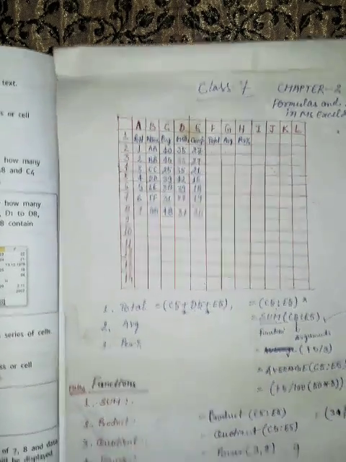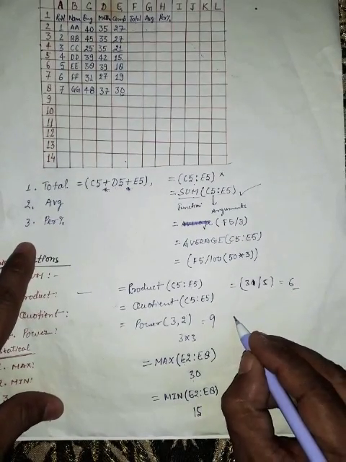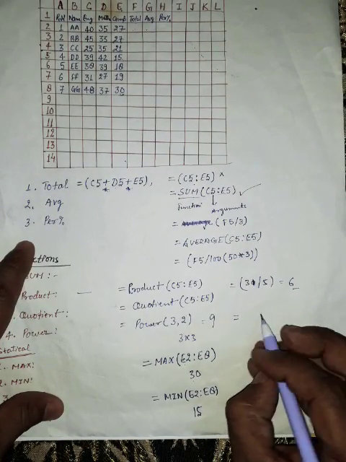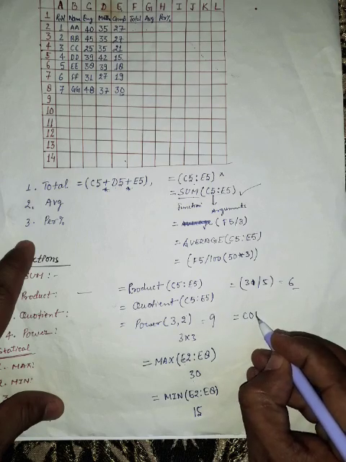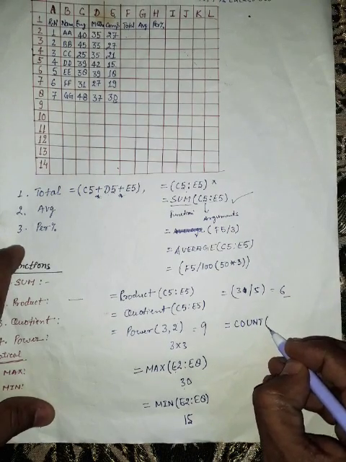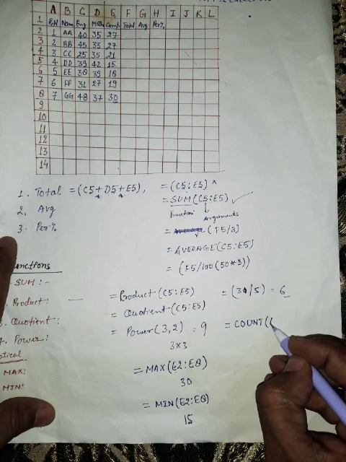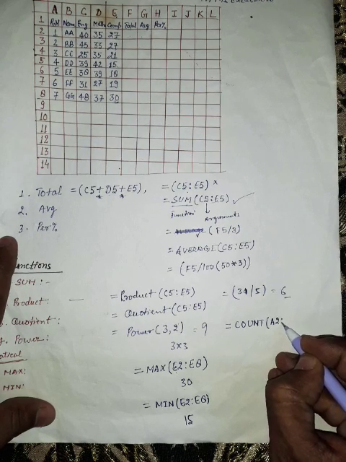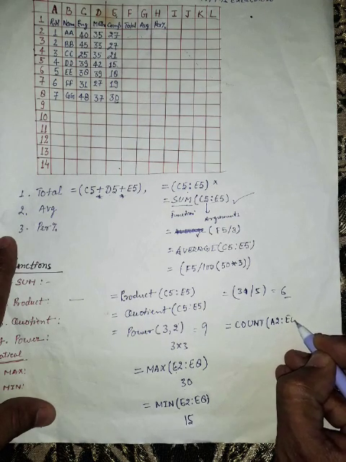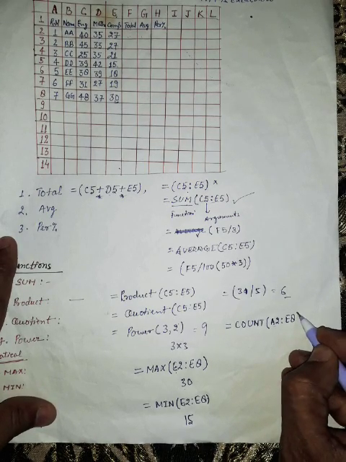How can we find this? The simple way, like the maximum and minimum. We write the equal sign, then COUNT, then open the parenthesis and write our cell range, A2 colon E8, which is the starting cell address and the end cell address, and close the parenthesis.